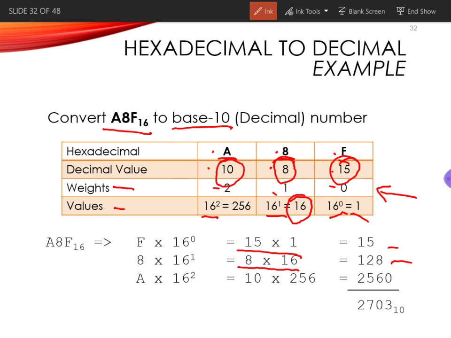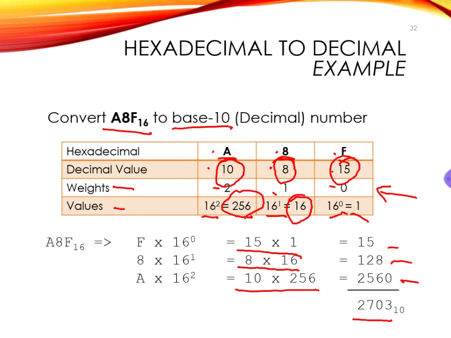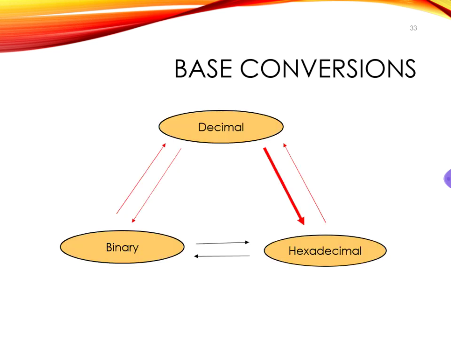And then 10 multiplied by the weighted value, 256, is 2560. And if we sum it up, we get 2703 in decimal. So that is how we can convert a hexadecimal to a decimal number.